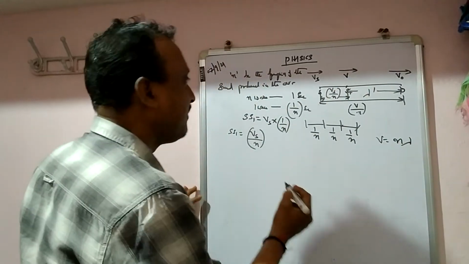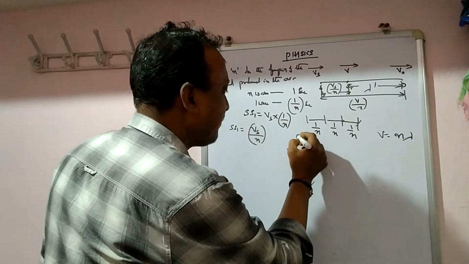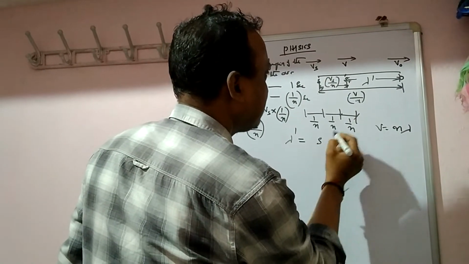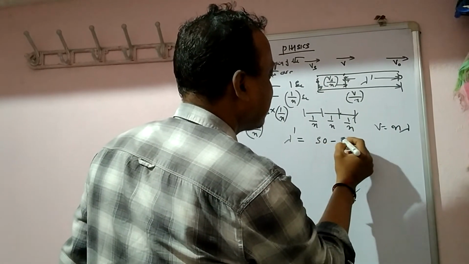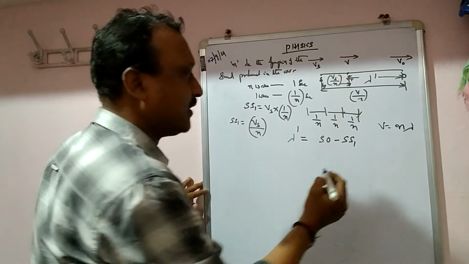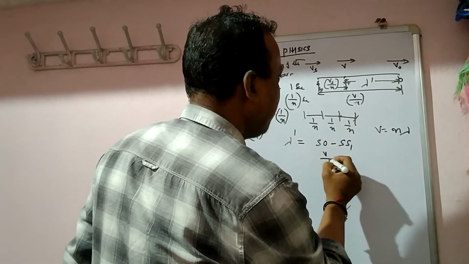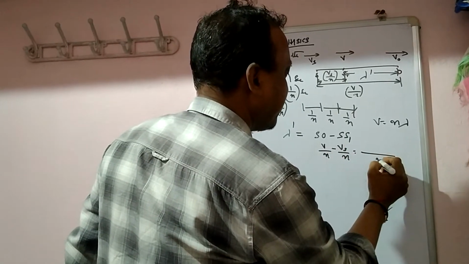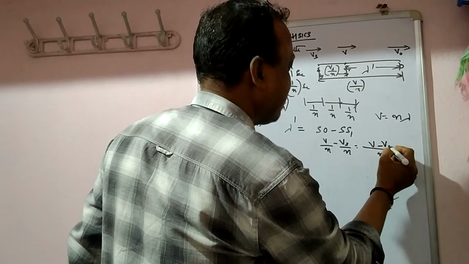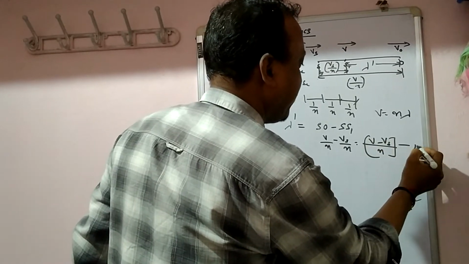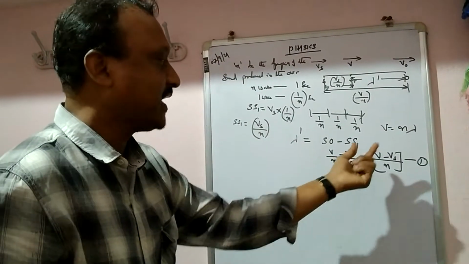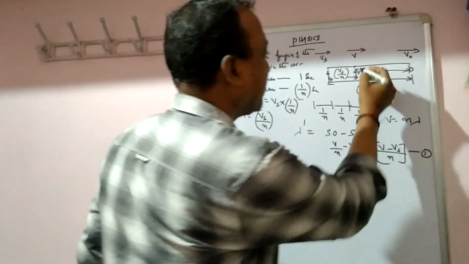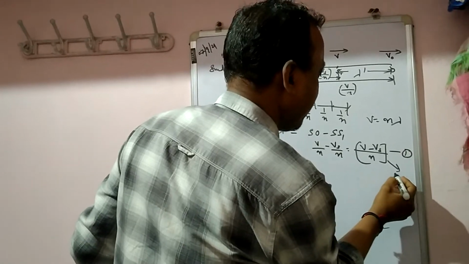Therefore the apparent wavelength lambda dash is SO minus SS1, that is V by n minus Vs by n. Taking LCM n, it is V minus Vs by n, let it be equation 1. So we got V minus Vs by n as the apparent wavelength, that is S1O, for the observer.